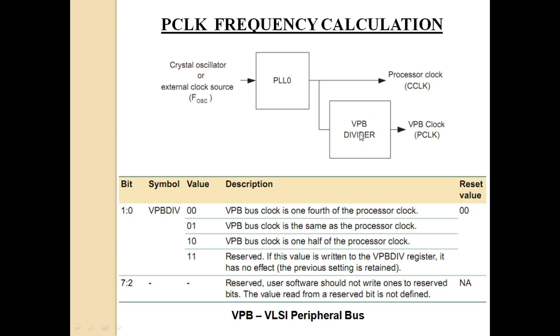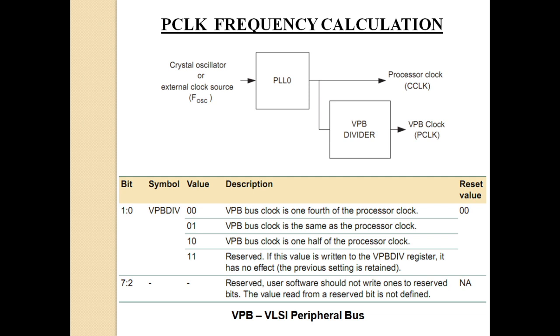Whatever configuration you do in a microcontroller, you need to configure some registers. A register is nothing but a collection of flip-flops. Generally in a microcontroller, you will have two kinds of registers. One is known as general purpose registers, another is known as special function registers.